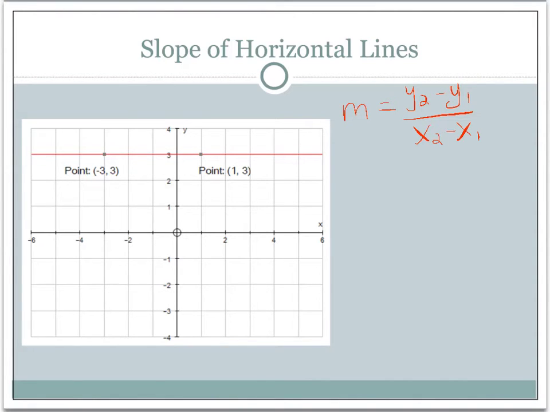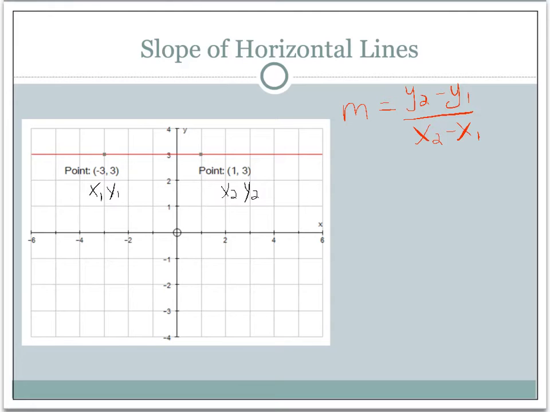And we know that we have these 2 points. They've actually been given to us. We could have chosen any 2 points that lie on this horizontal line, but we've chosen the point -3, 3 and the point 1, 3. And so I label my points x1, y1, and x2, y2. And then I can just plug those into my equation that I have written down.